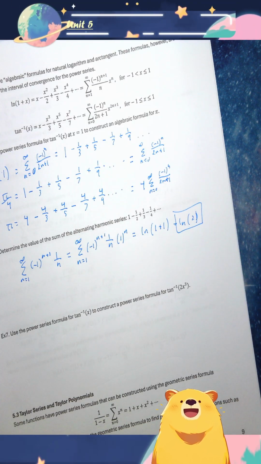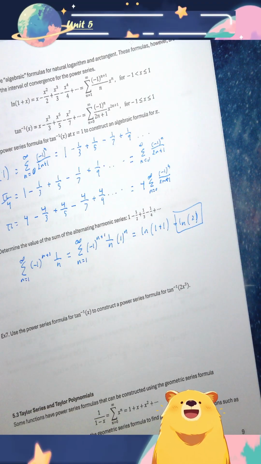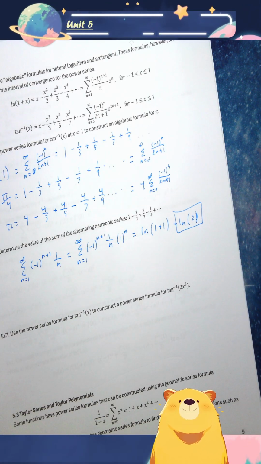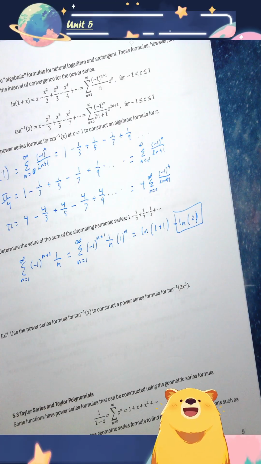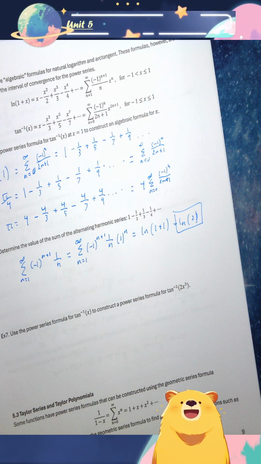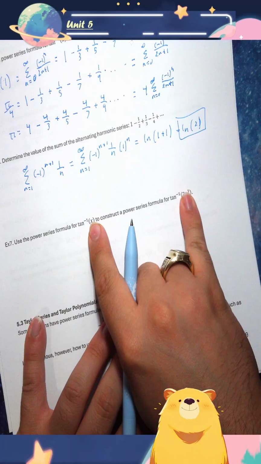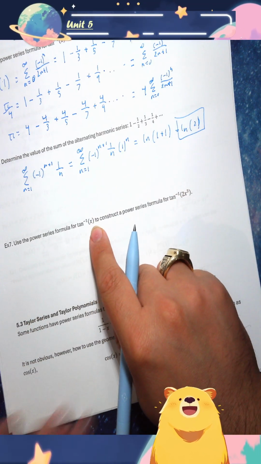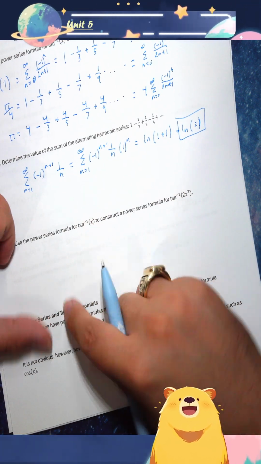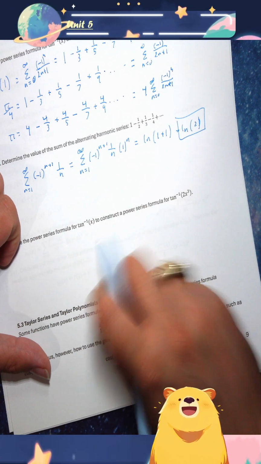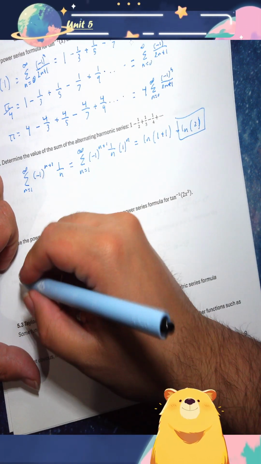Last one. Use the power series formula for tangent inverse of x to construct a power series formula for tangent inverse of 2x to the power of 3. So this is just a glorified plug-in. Because we have tangent of x, we can get more specific and just replace x with this full expression.